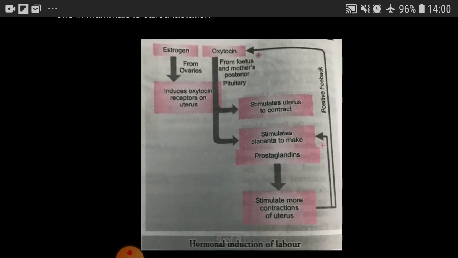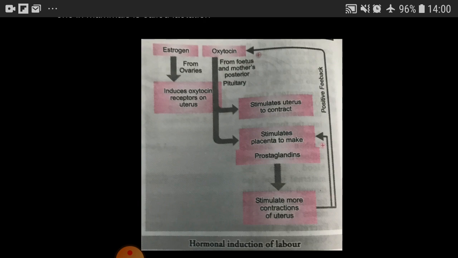This diagram displayed on your screens shows the hormonal reactions during labor, which hormones are released during parturition. Here you can see the estrogen from the ovaries induces oxytocin receptors in the uterus.